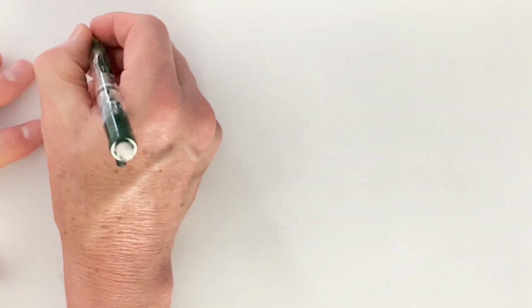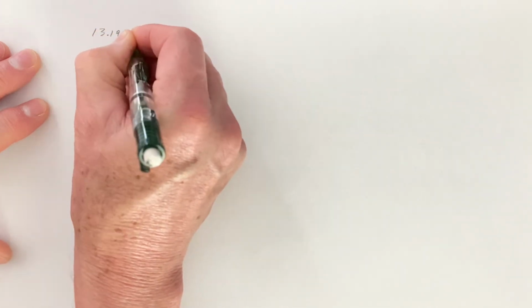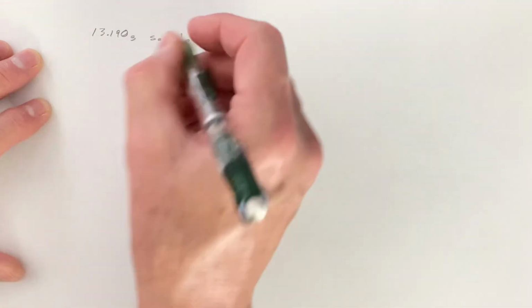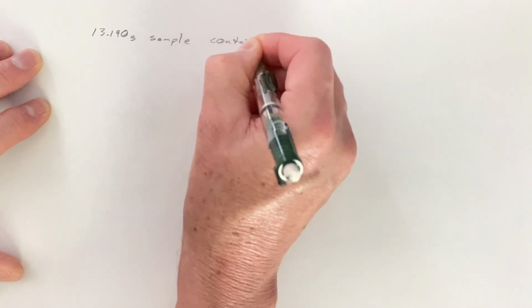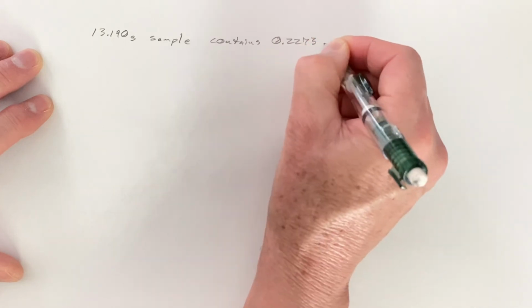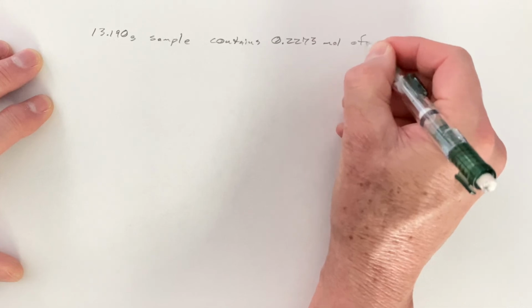So in this case, we shall continue on with our consideration, and we shall say we had a 13.190 gram sample, and let's say we do some analysis on a sample, and we see that the sample contains 0.2273 moles of substance.